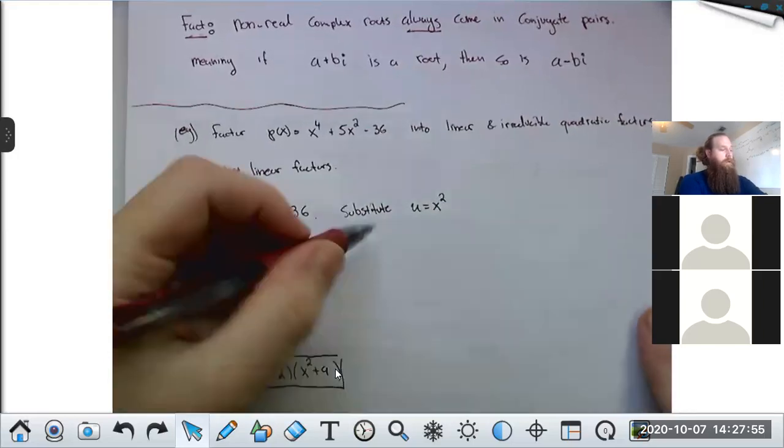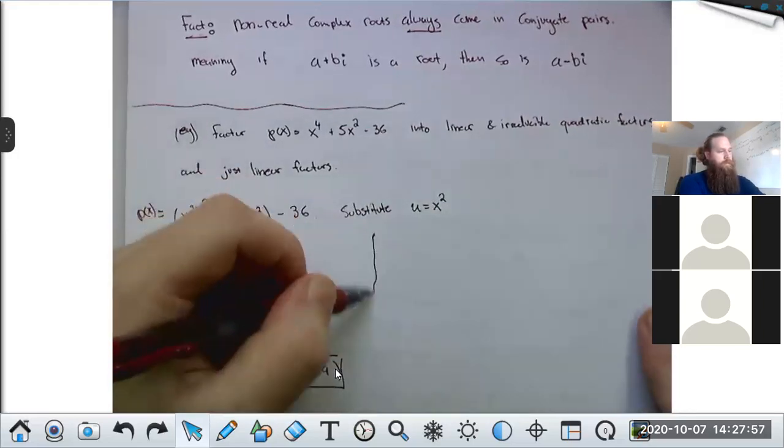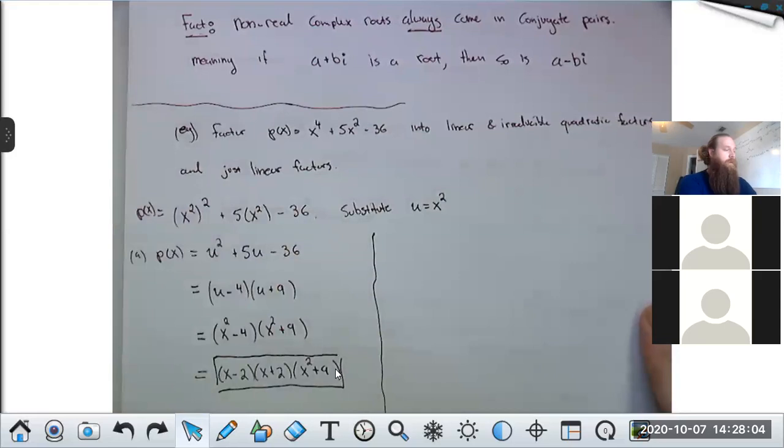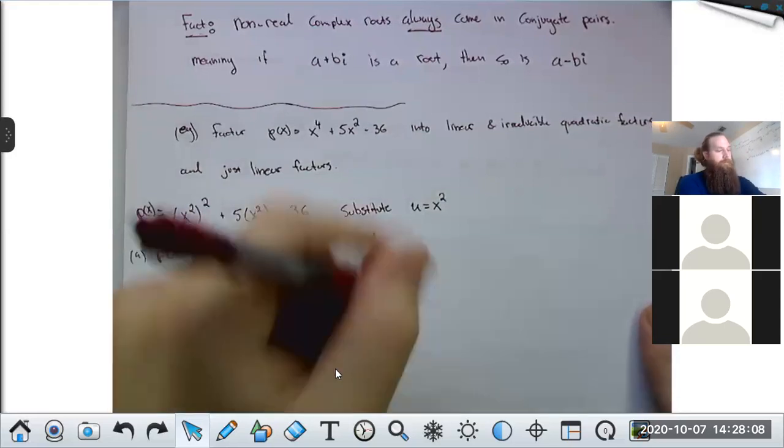For part B, we'd want to continue factoring this using the quadratic formula.